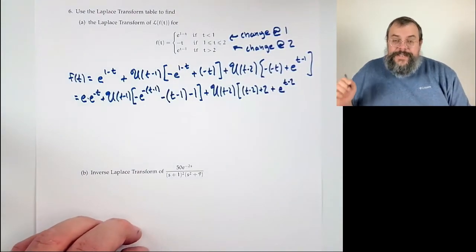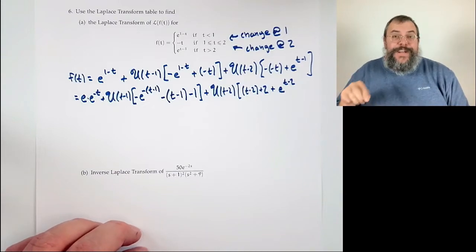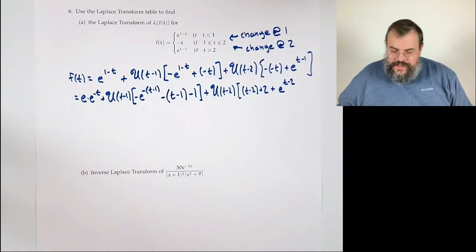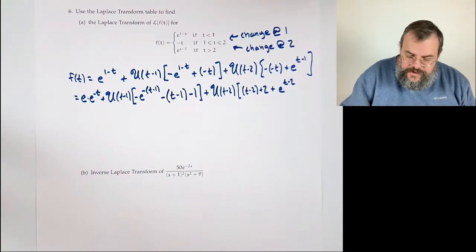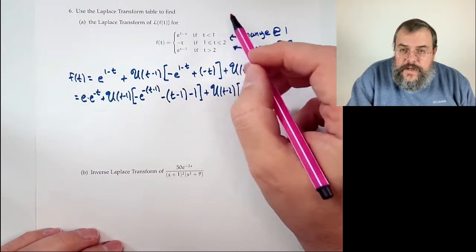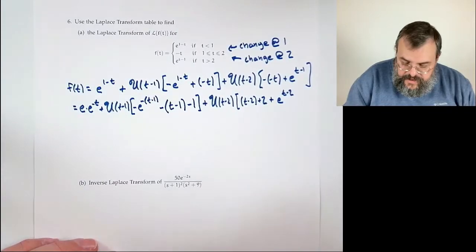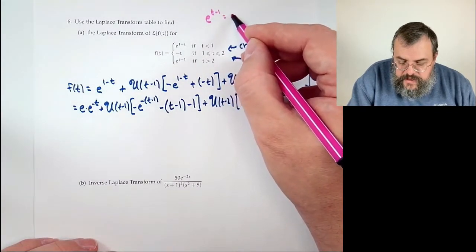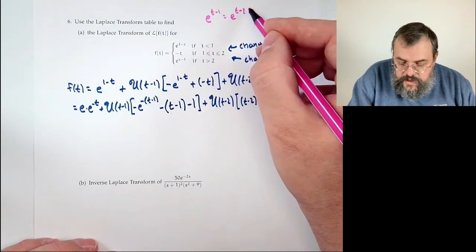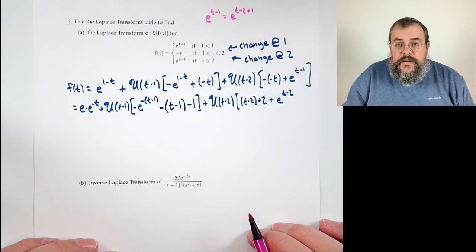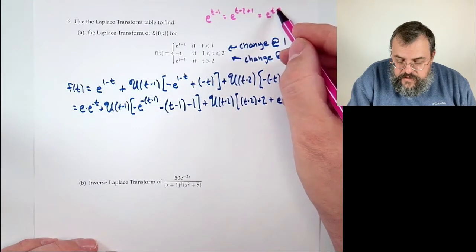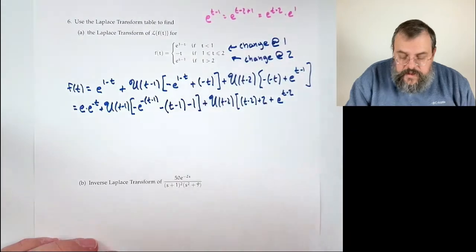Now, I'm going to do some work on the side here, just because we're so close. I just want to make a little note here. I'll work up here, where we have a little bit of space. So e to the t minus 1, that's the same as e to the t minus 2 plus 1. And that's the same as e to the t minus 2 times e to the 1.